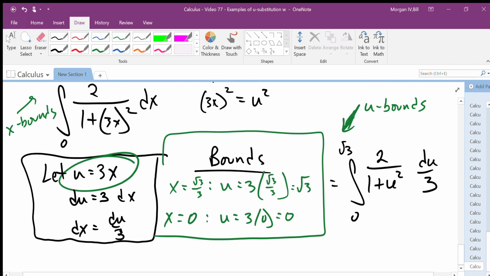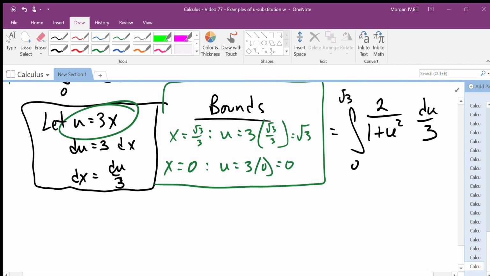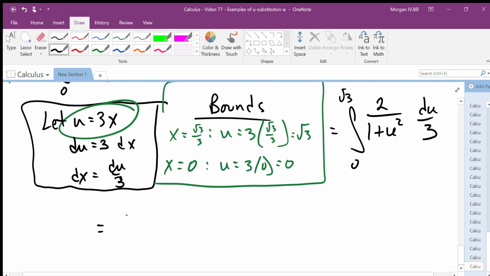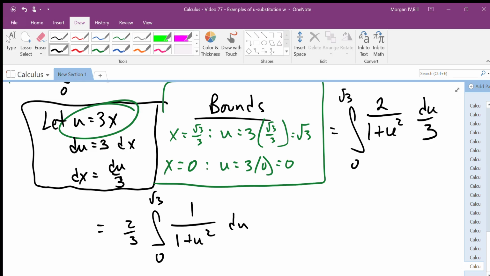And now I have everything in terms of u's, and I have u bounds. So this is 2/3, bring that 2/3 out front. Integral from 0 to root 3 of 1 over 1 plus u squared du. And even though it's a different variable, it's u's and not x's, this is exactly the integral of 1 over 1 plus u squared, which is the inverse tangent of u.